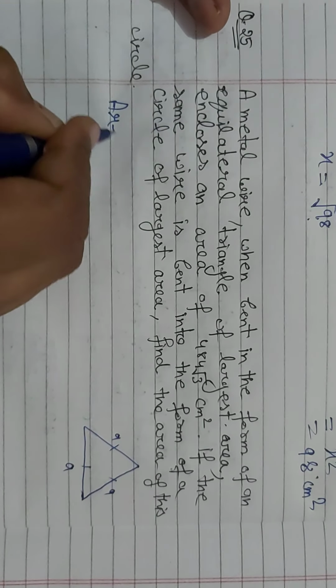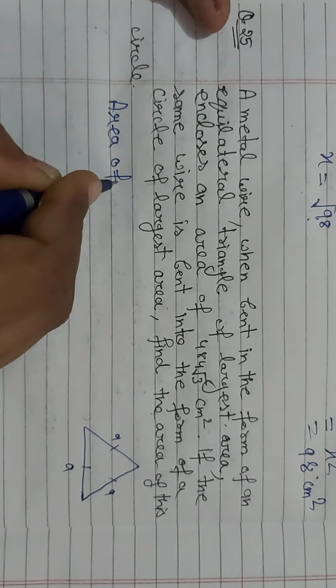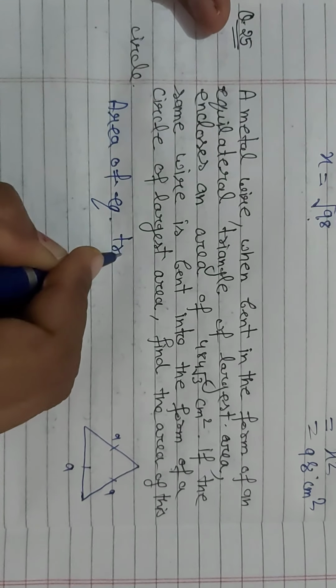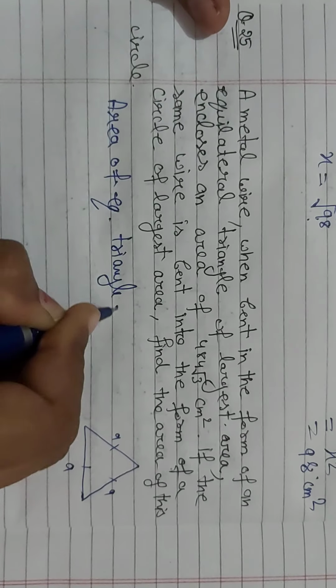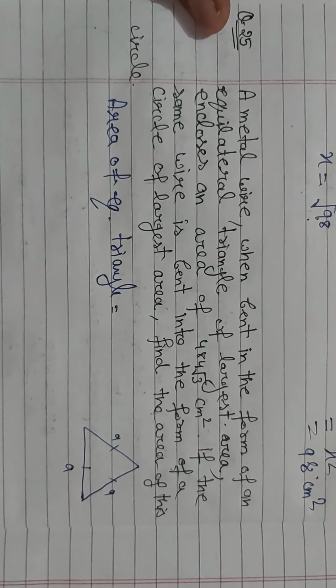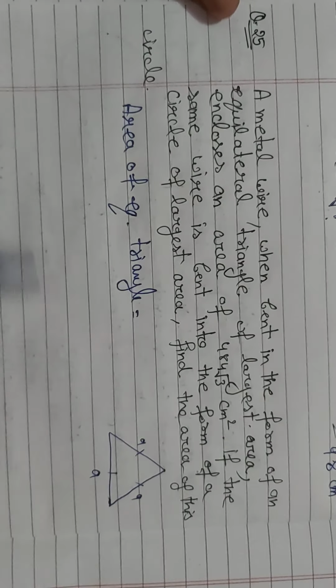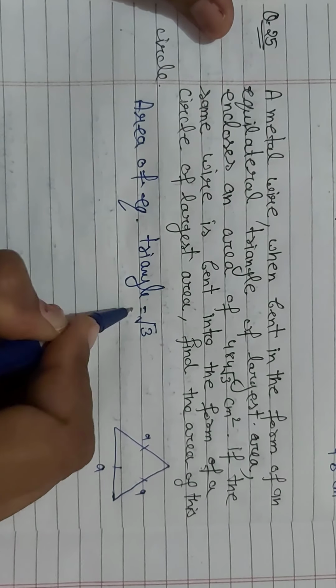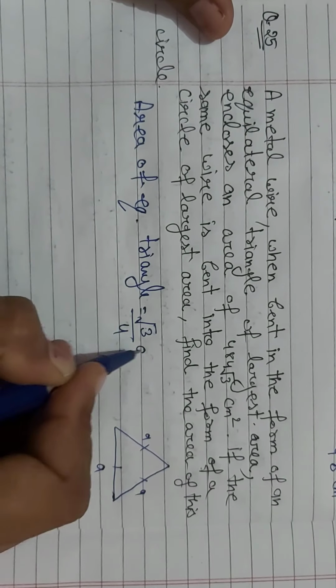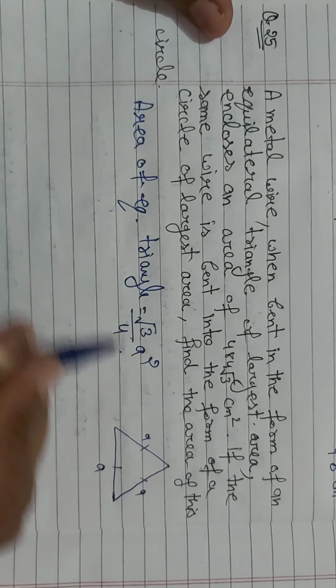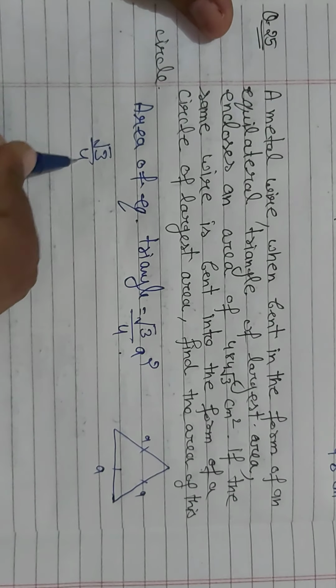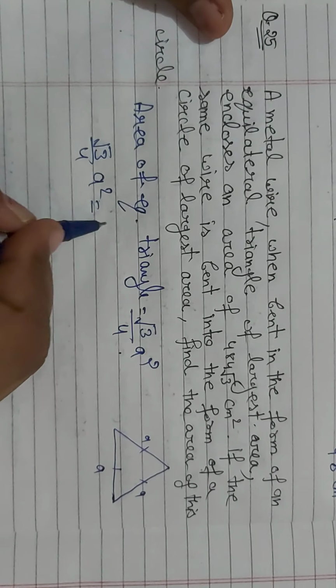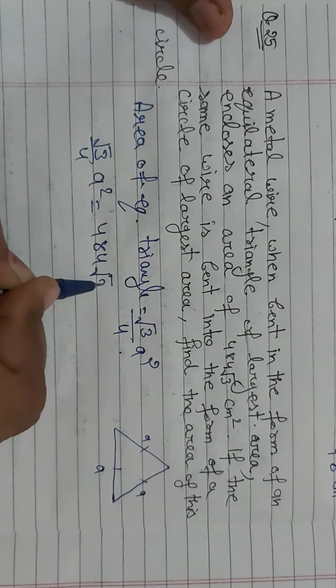Area of equilateral triangle equals the given area. We have a result in the first part of this chapter: area of equilateral triangle is root 3 by 4 a square, where a is the side. Root 3 by 4 a square, and the area is given as 484 into root 3.